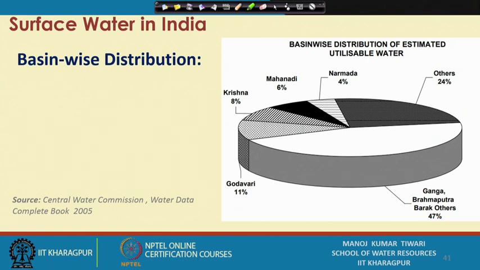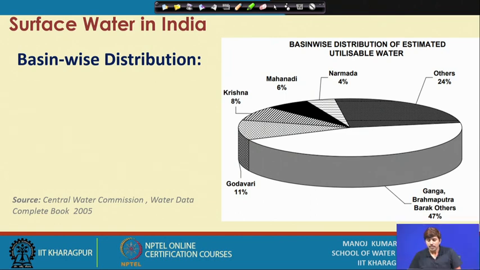Now, clearly it is the Ganga, Brahmaputra and Barak rivers that give around 47%. This is data from the Central Water Commission. So, they give around 47% of the total utilizable water.